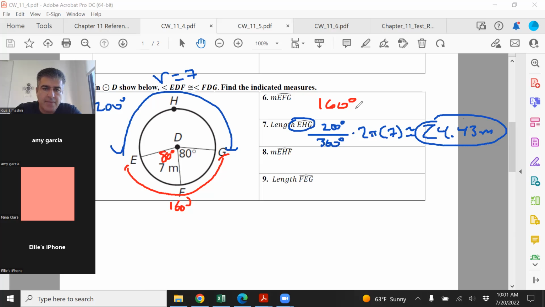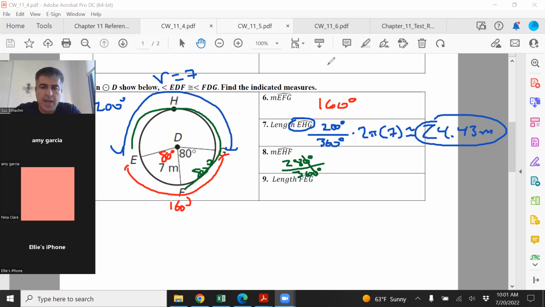For EHF, now this is going to be 80 right here. So for EHF, all that, that's going to be 280 degrees. Over 360, okay? That's 280 over 360. Those cancel, 28 over 36.